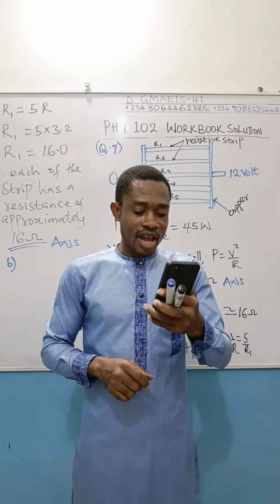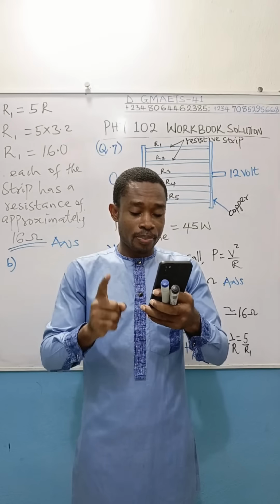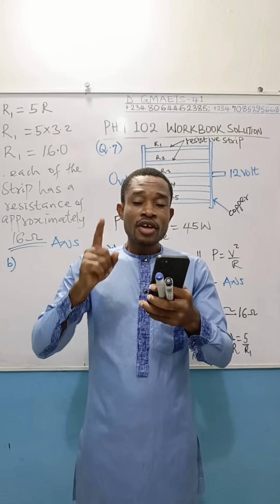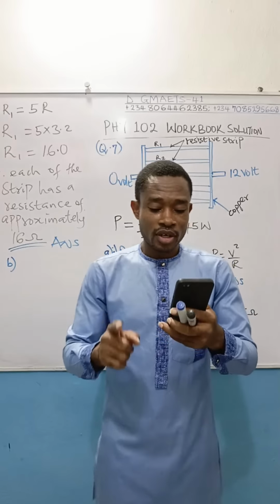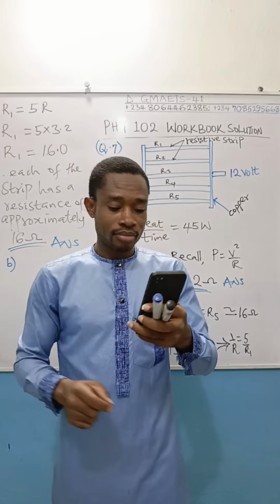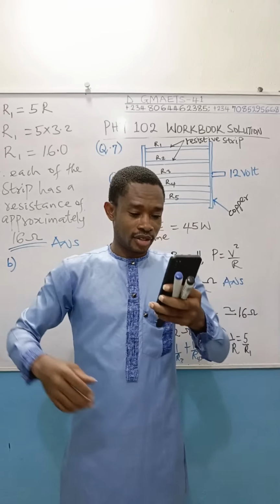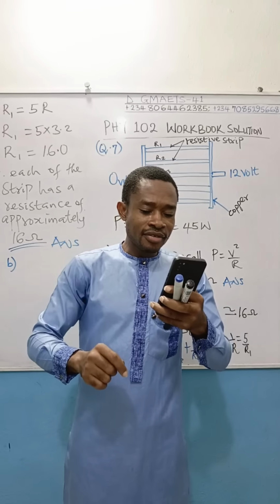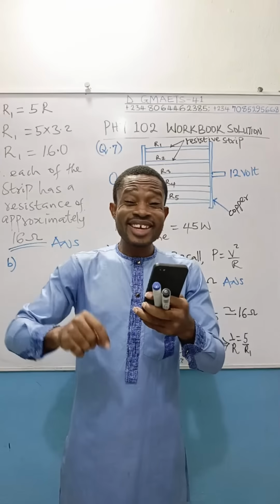Determine the thickness of each strip. I read that again. If each resistive strip is 2.5 millimeter wide and the length is 0.80 meter.